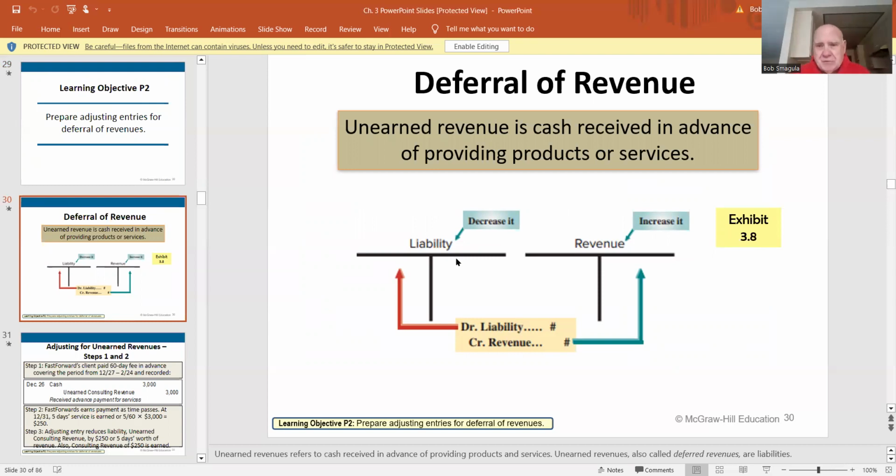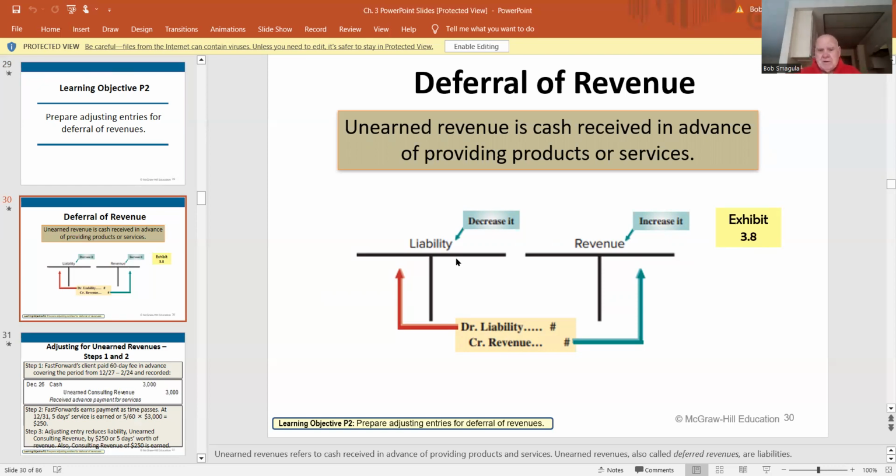Deferral of revenue. Unearned revenue represents cash received in advance of providing products or services. You go to a lawyer and you say, I want you to make out a will for me, a living trust. And the lawyer says, okay, I need $1,000 just to get started. Well, when you give him that $1,000, he's going to debit cash, of course, but he can't credit revenues because he hasn't even begun to work on your case.